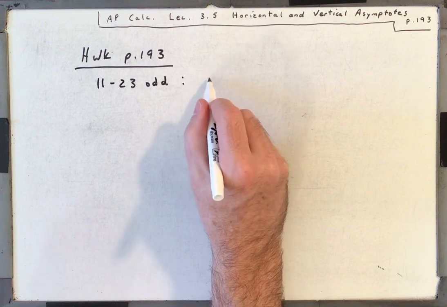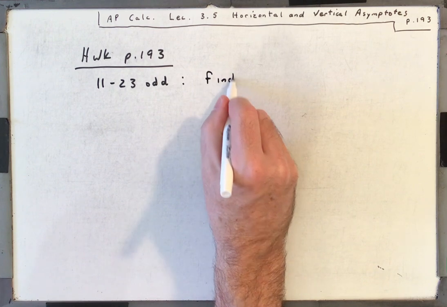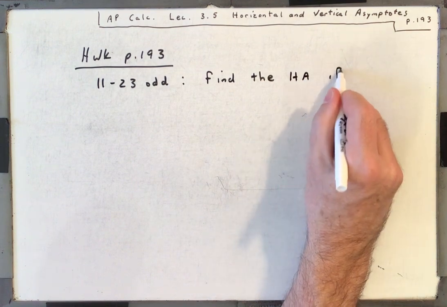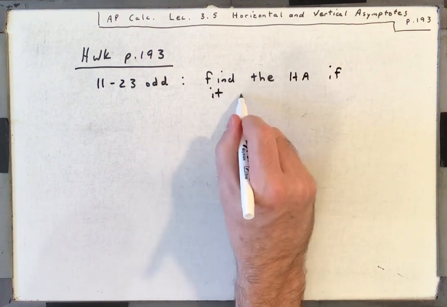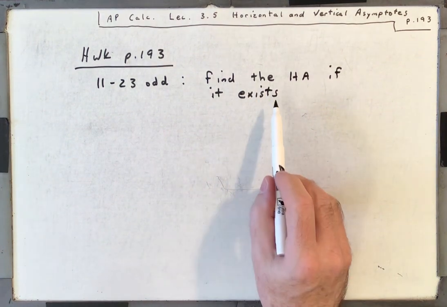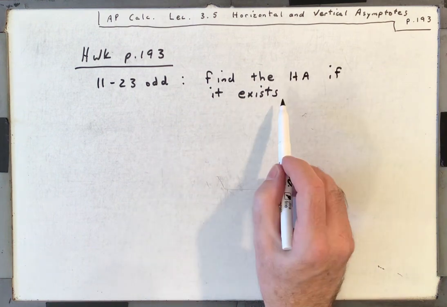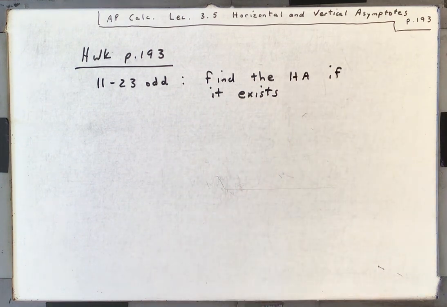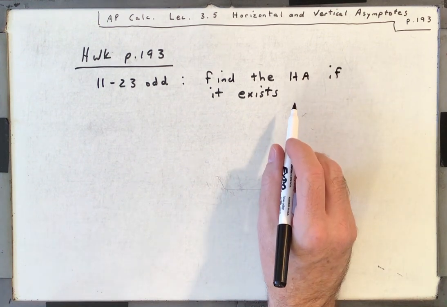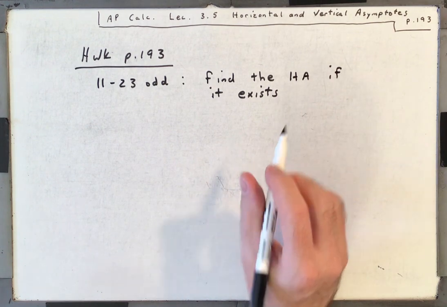I want you to write it as, find the horizontal asymptote if it exists. So write the answer in terms of we have a horizontal asymptote at y equals whatever. You take the limit, you get an answer, and if you get an answer other than does not exist, you have a horizontal asymptote. That's for 11 through 23, all about the horizontal asymptote.